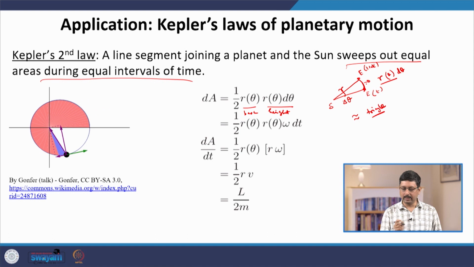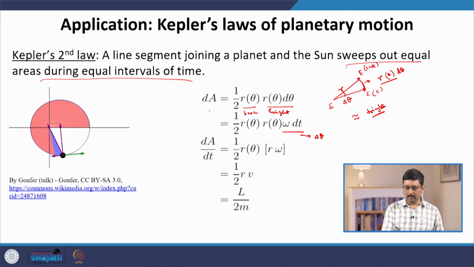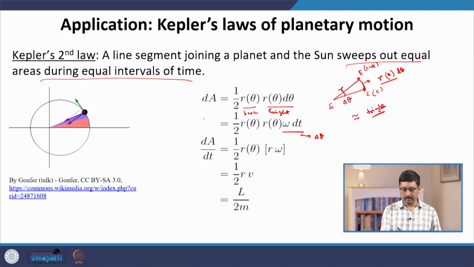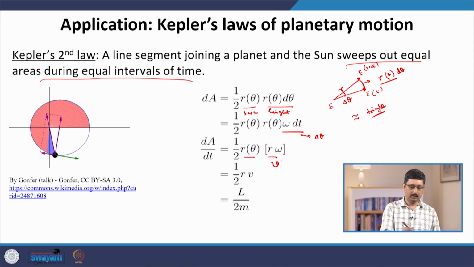If the angular speed is omega, then the angle covered, delta theta, will be omega times the time interval dt. Then if you take the rate of change, dA/dt will be half times r omega, and r omega is the tangential speed of the earth along the trajectory.